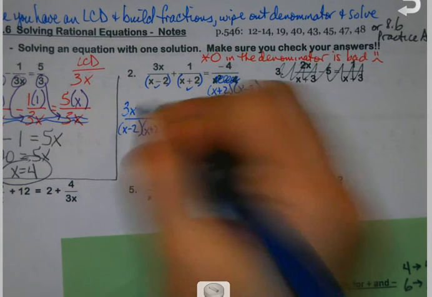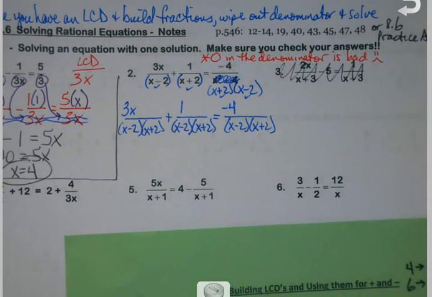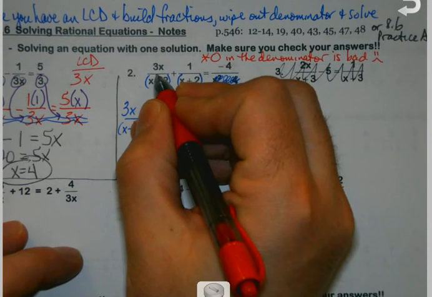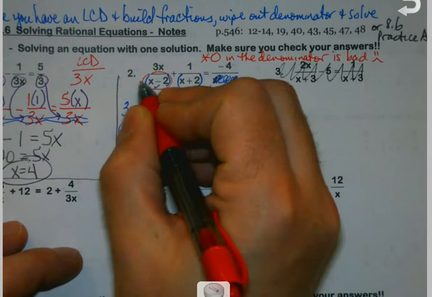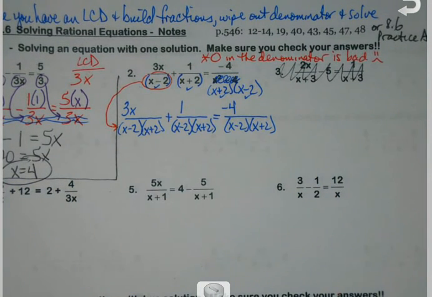Because once I build my fractions here in a second, I'm just going to wipe those away. They're going to go and just kind of disappear, which is what I know you'd like to do with a lot of this. But again, just keep reminding yourself, old denominator, new denominator, whatever is missing.